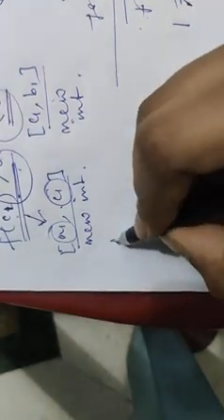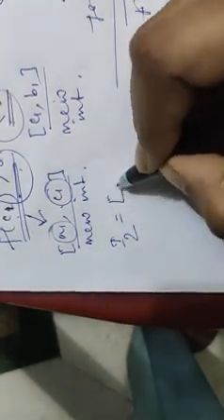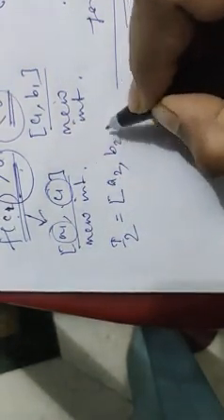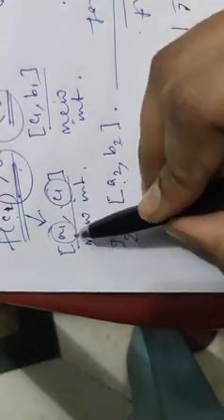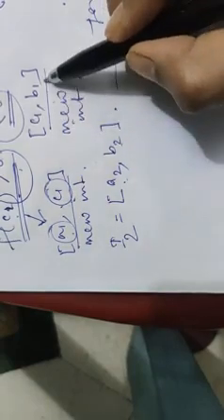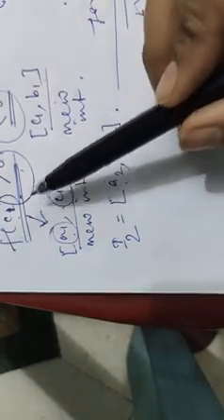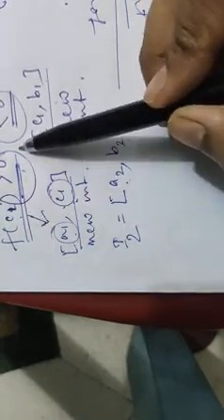So in any case we were choosing either this or this as our new interval and naming it as I2 and taking it as A2 comma B2. That means A2 B2 is either A1 C1 or C1 B1, depending on the sign of f of C1.